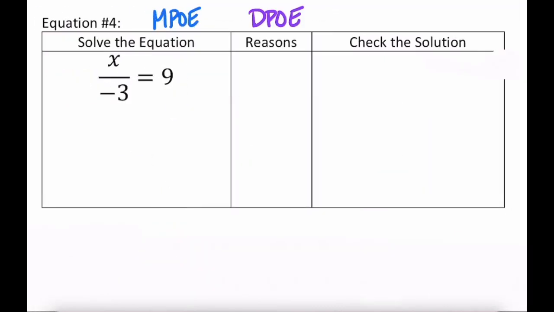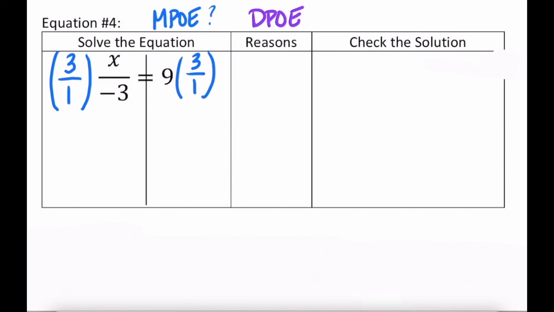All right, let's take a look at equation 4. X divided by negative 3 equals 9. I'm going to start by putting the line down the middle of my equation, and let's just see if MPOE applies here. Again, remember this is a quotient, so if we're going to multiply, we have to multiply by another fraction. So here we go. What happens if I multiply by 3 over 1? Again, let's go ahead and just multiply both sides by 3 over 1 and see what happens.